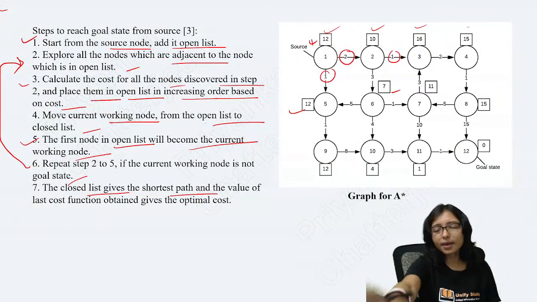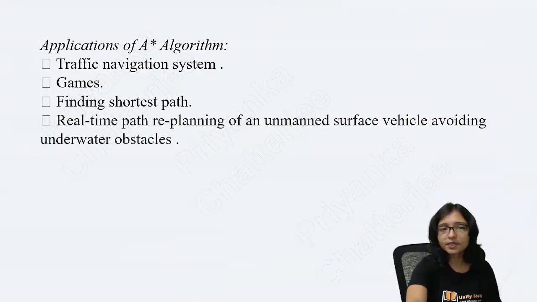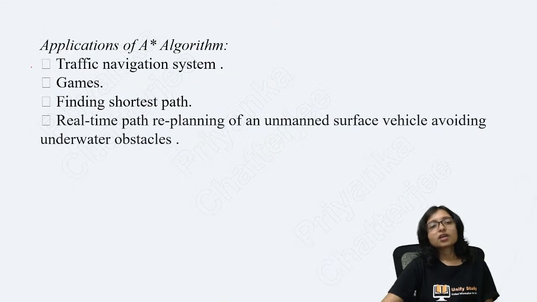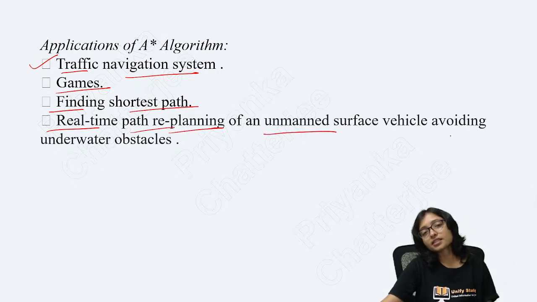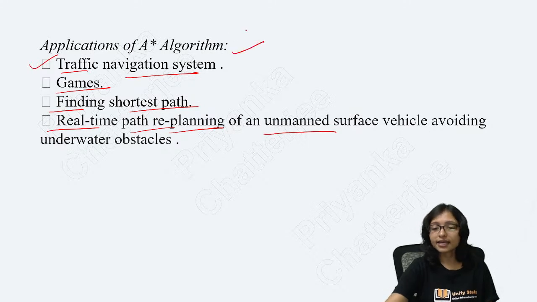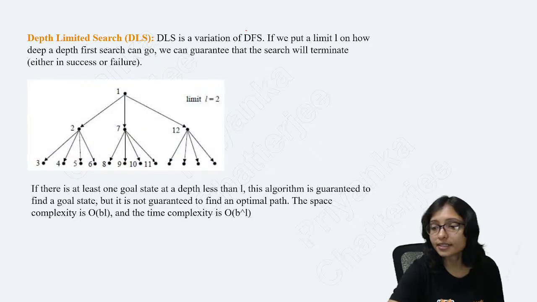I am not discussing the whole algorithm. A star we discussed previously, so I am not discussing it again. Traffic navigation systems, games, finding the shortest path, and real-time path replanning of an unmanned surface come under the A star algorithm.